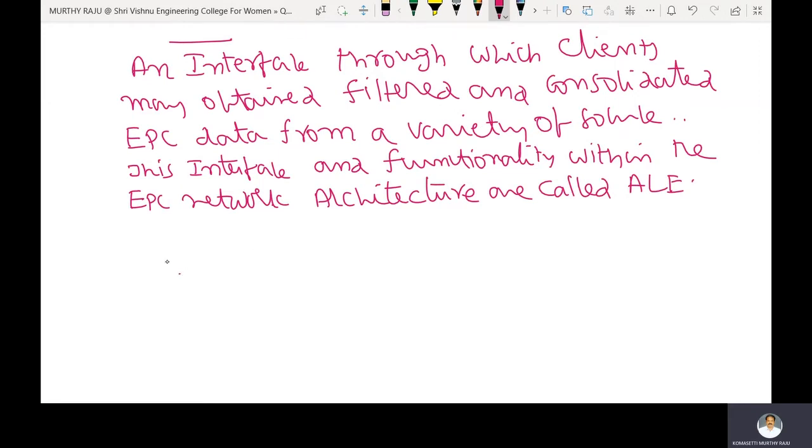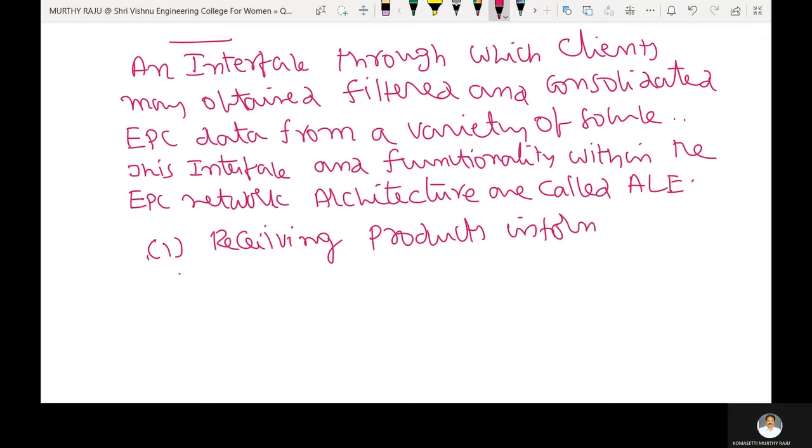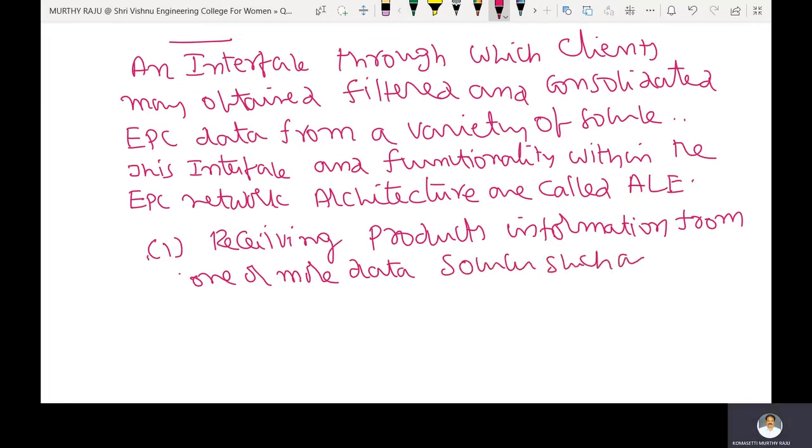The processing done at ALE typically involves first, receiving EPCs, product information or events, from one or more data sources such as radars.